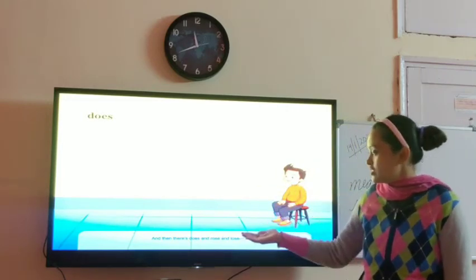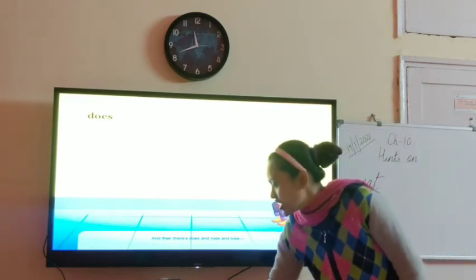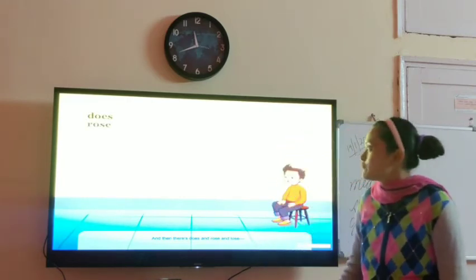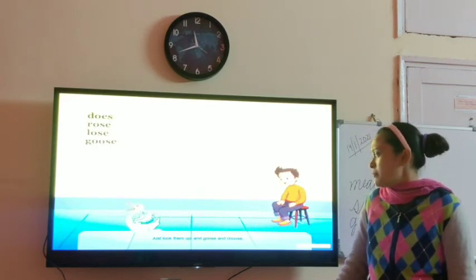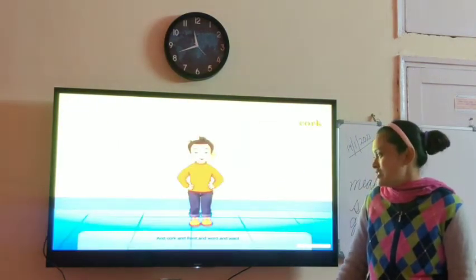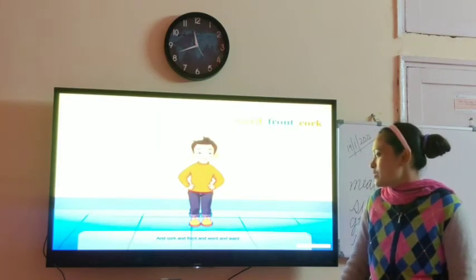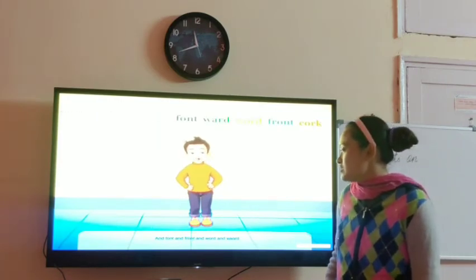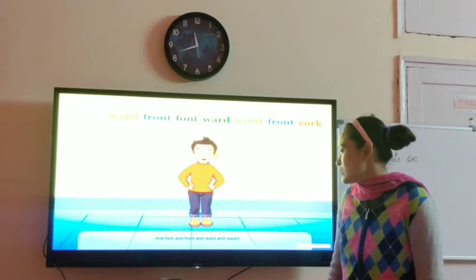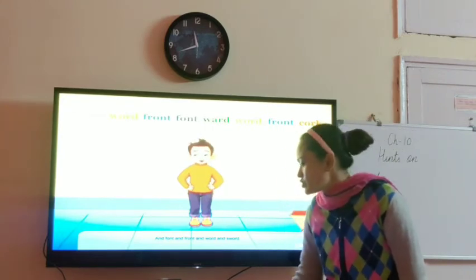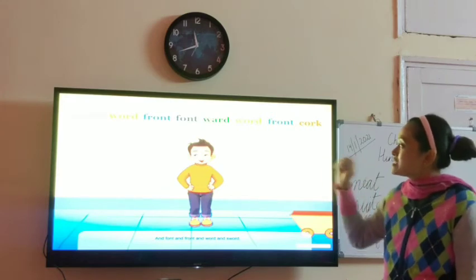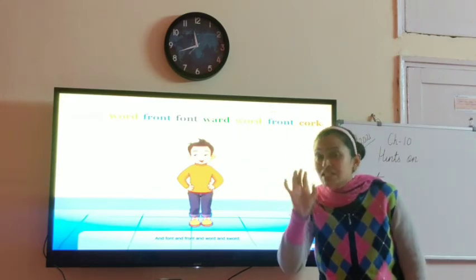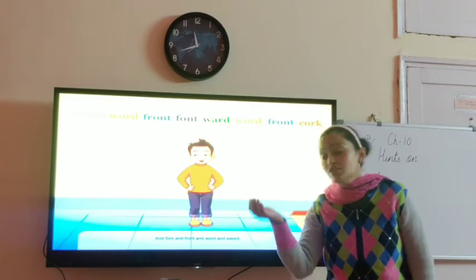Okay, so these were a few more words which are hinting us to be careful. And then there's does and rose. Just look them up, and goose and choose, and cock and front and word and ward, and font and front and word and sword. So here there are so many words, children, where maybe at times the spelling can be different.